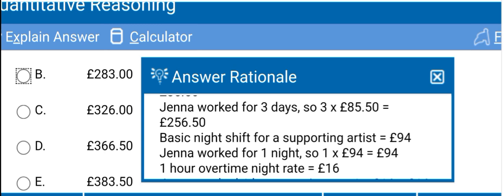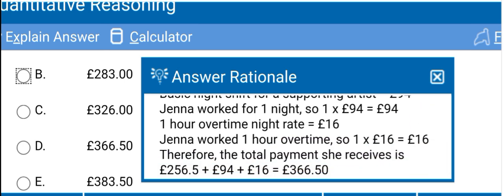The basic night shift for a supporting artist equals 94 pounds. She worked for one night, so 1 times 94 pounds equals 94 pounds. The 1 hour overtime night rate equals 16 pounds. She worked 1 hour overtime, so 1 times 16 pounds equals 16 pounds.